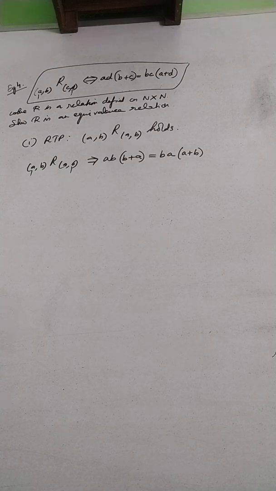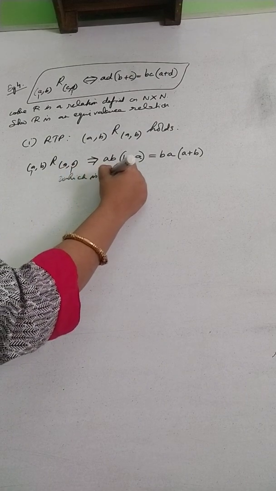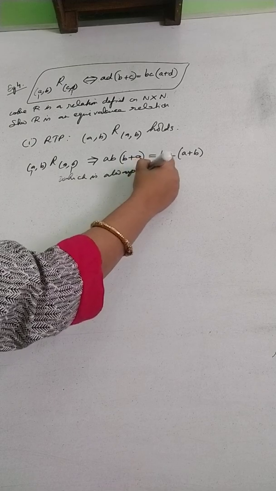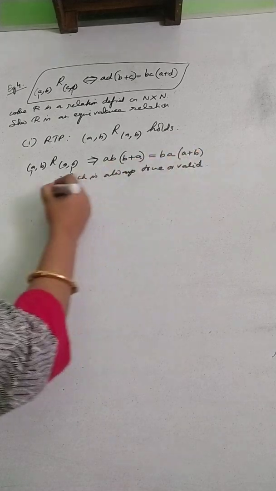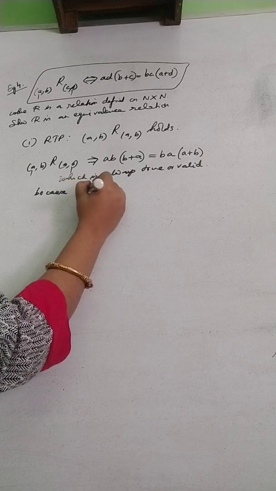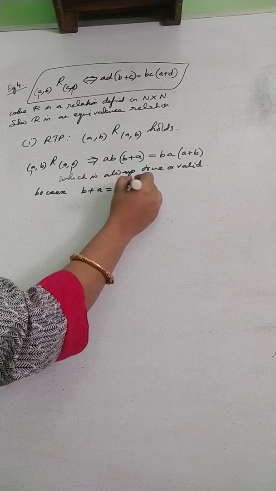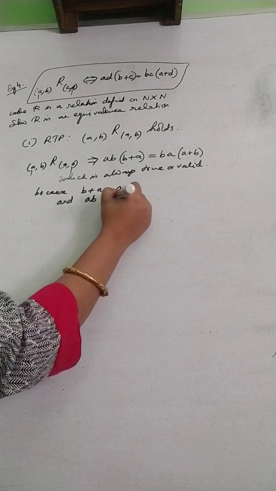How will you justify? Which is true or definitely, which is always true or valid. You can use the word valid also. Why? Because B plus A is equal to A plus B, and because AB is equal to BA.